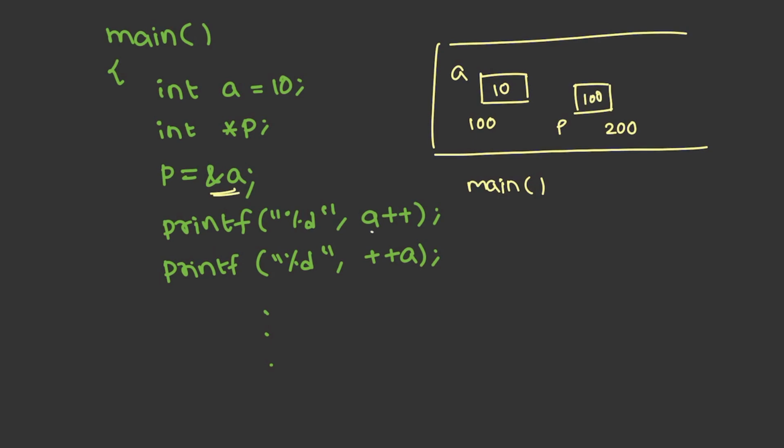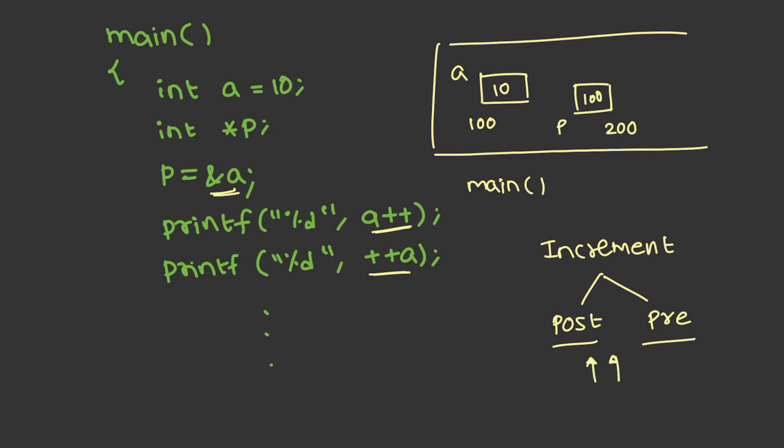Now here I want to talk about increment and decrement operators, because people tend to have a misconception about this. We have two types of increment operators. The first one is the post-increment operator and the other is the pre-increment operator. In both, the value tends to increase.